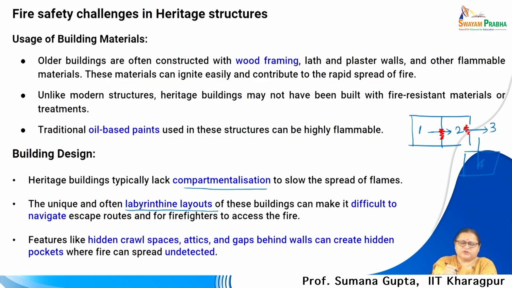Also, as I told you, old buildings means wooden framing which can lead to fire. With the labyrinth layout, it is also difficult to navigate in case there is a fire. So, people will be running between spaces and will always look for the exit or maybe not end up at the exit point. They might get stuck in one zone because they are under panic.